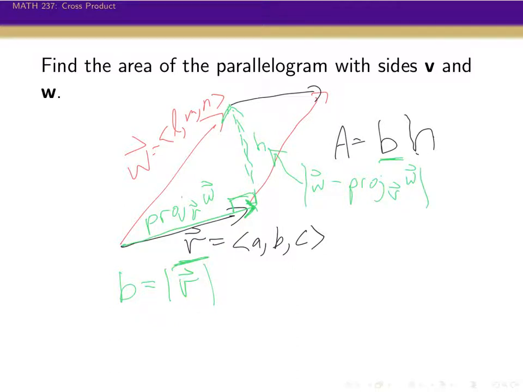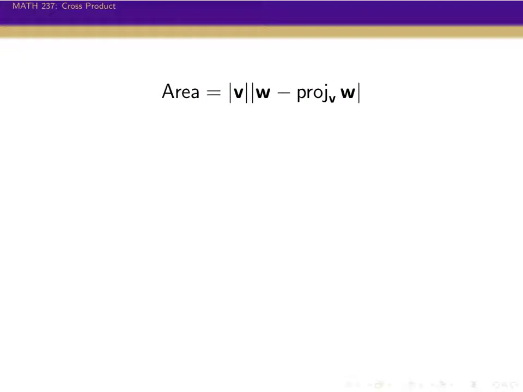And we want to take the magnitude of that vector. So the base vector is just V. The height comes from the magnitude of this perpendicular vector here, and that vector is W minus the projection of W onto V. Okay, so there's our area.